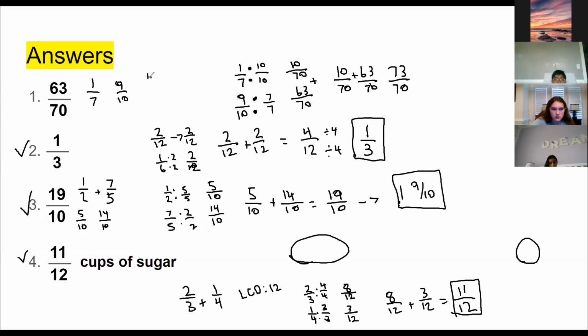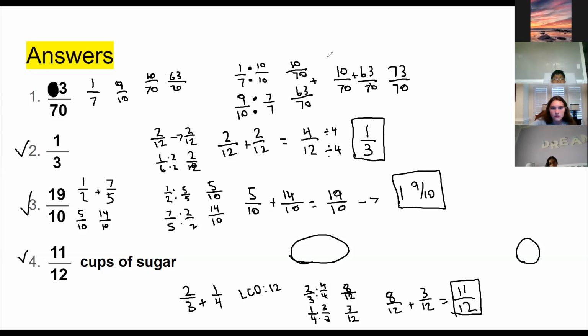So 10/70ths, and then, yeah, because 9 times 7, that is 63 though. I feel like this answer is miscalculated. But the answer is 1/3.